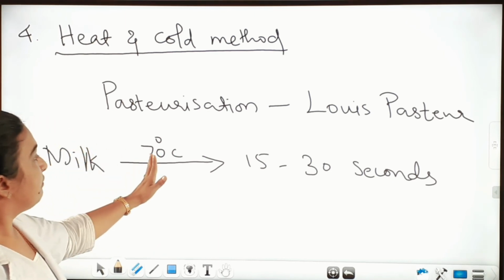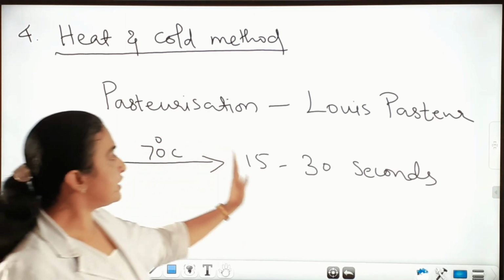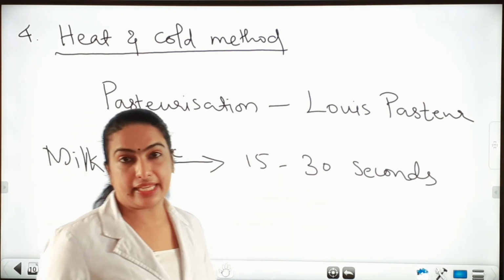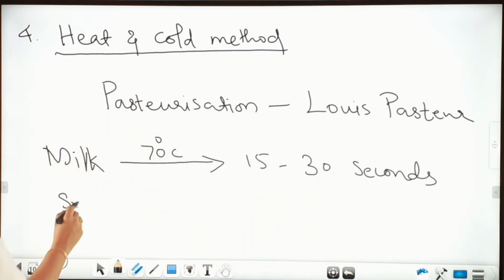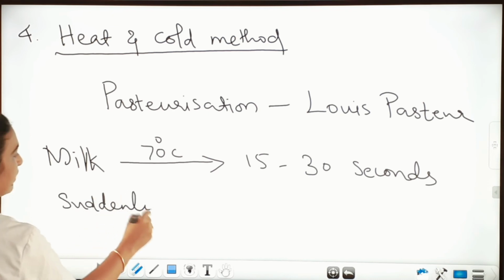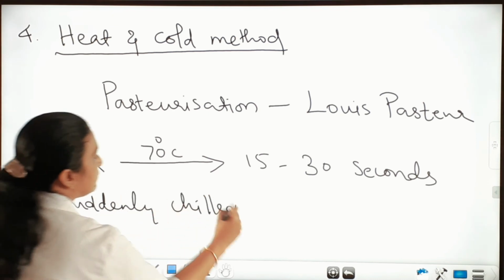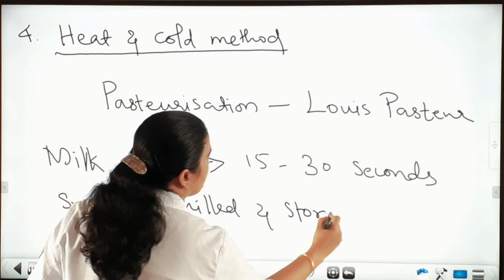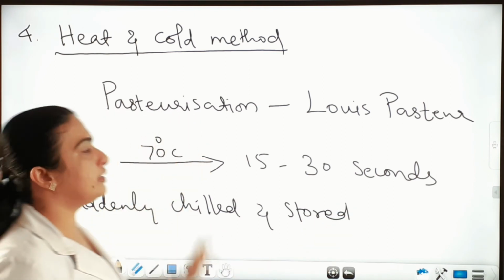So milk can be heated or boiled at 70 degrees Celsius for 15 to 30 seconds, then it is suddenly chilled and stored. So this process is called pasteurization.